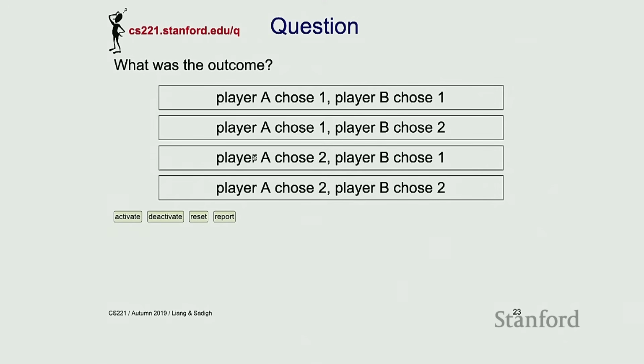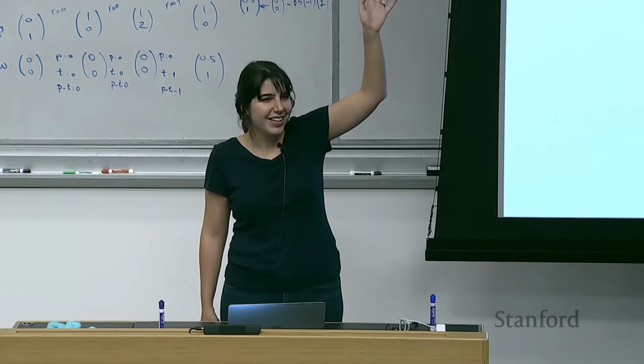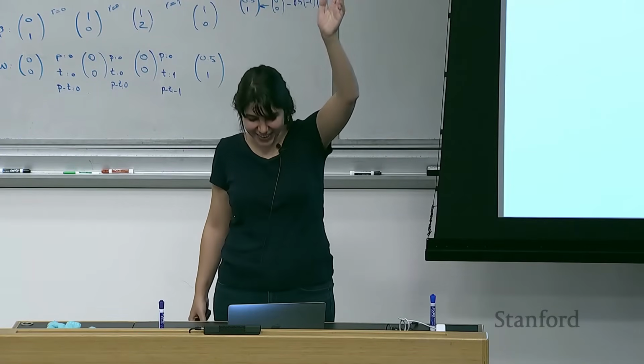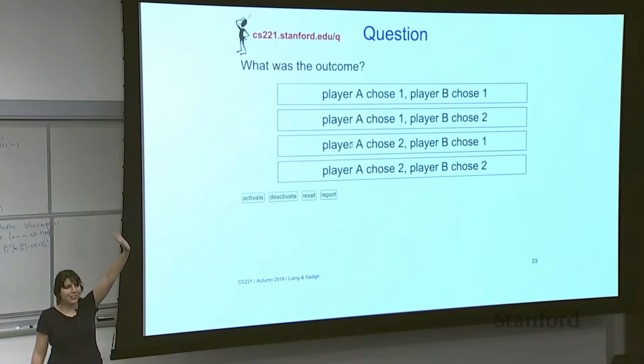How many of you were in the case where A chose 1 and B chose 1? A chose 1, B chose 2. A chose 2, B chose 1. And then 2 and 2.